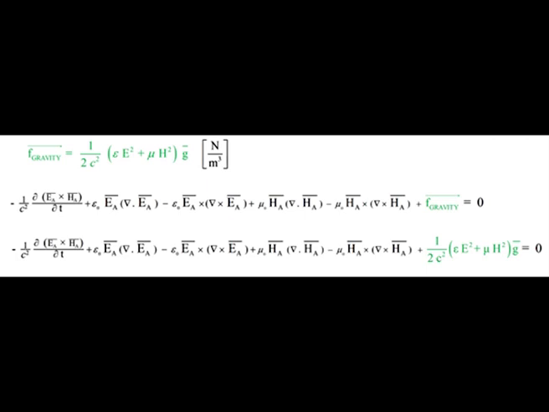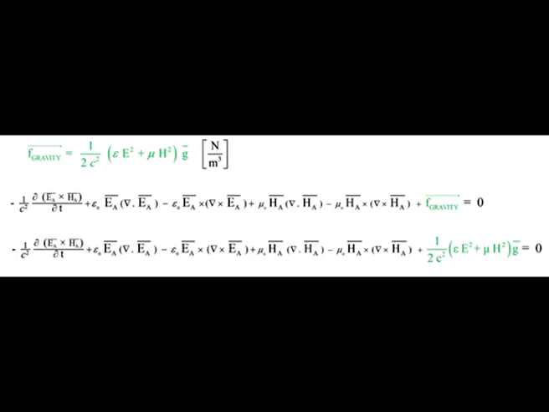The terms in black represent the interaction of an electromagnetic field with itself, which results in the propagation of a beam of light in a direction, and the green term indicates the interaction of an electromagnetic field with another gravitational field. And we have seen already that when two identical fields interact together, the result is a force.